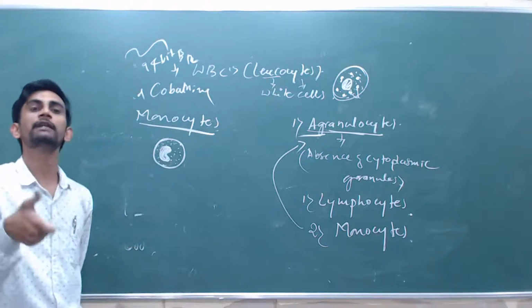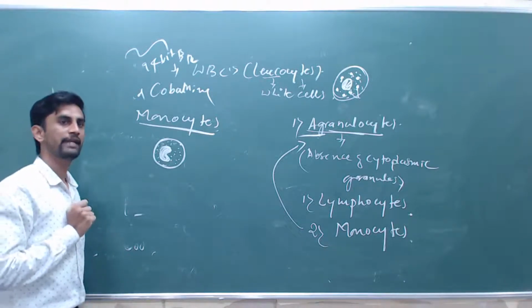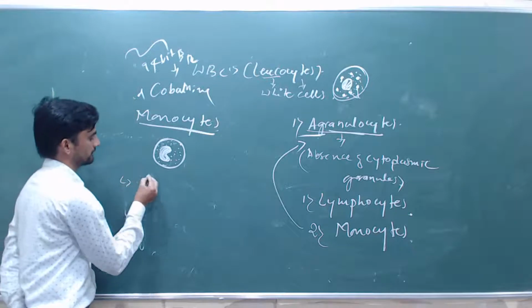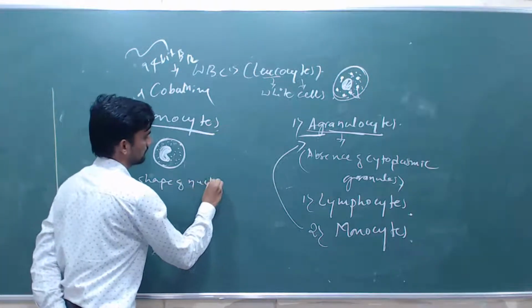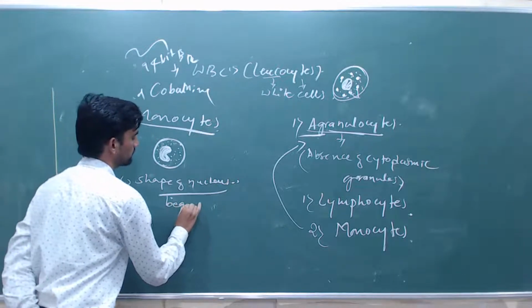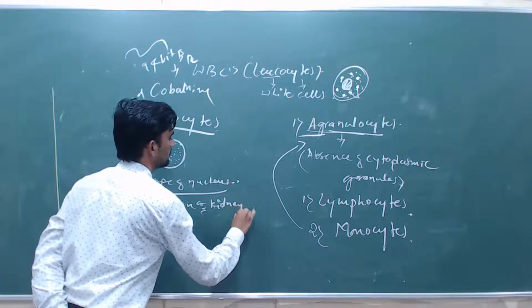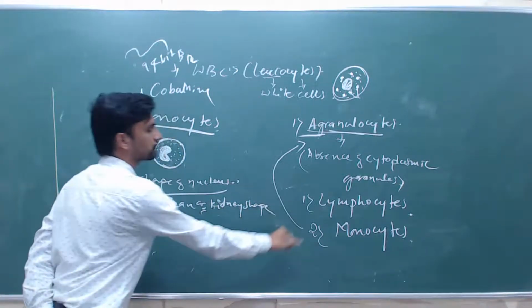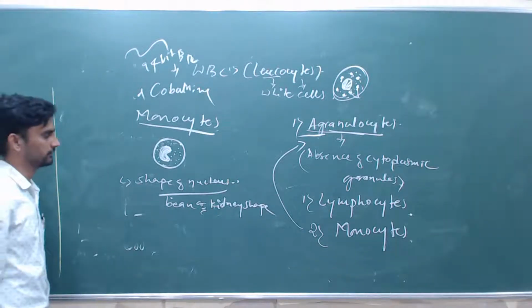By the shape of the nucleus, looking like a bean. You can write it as shape of nucleus: bean or kidney shape. A bean or kidney shaped nucleus will be found.